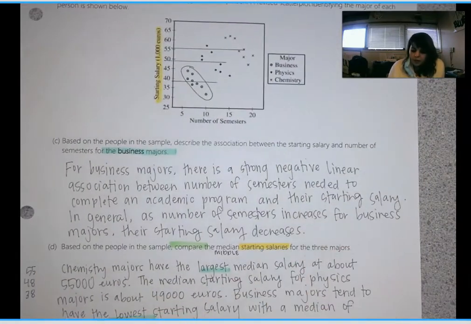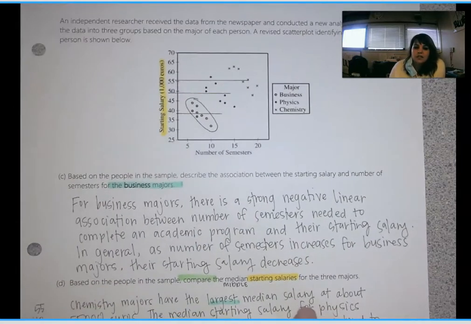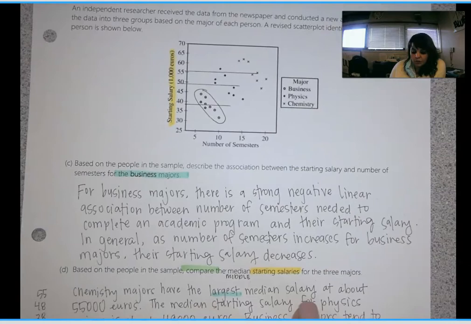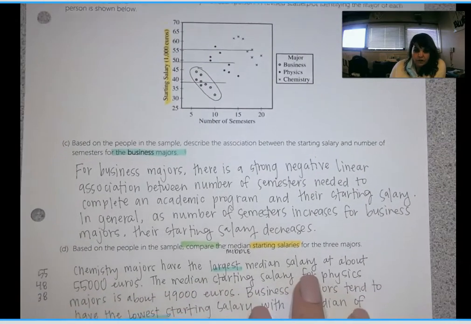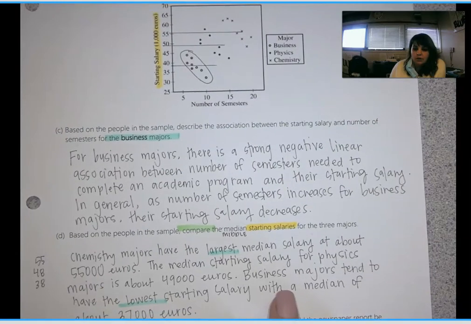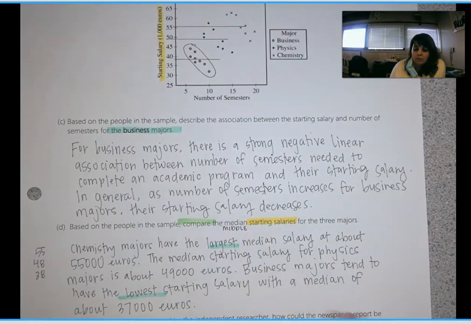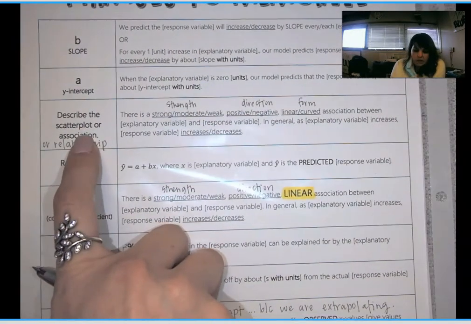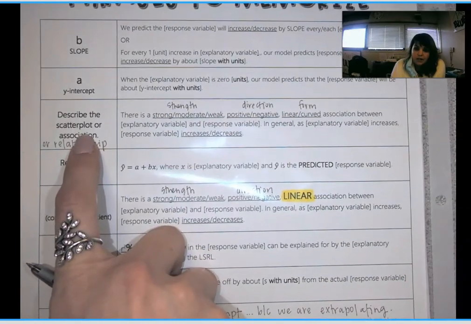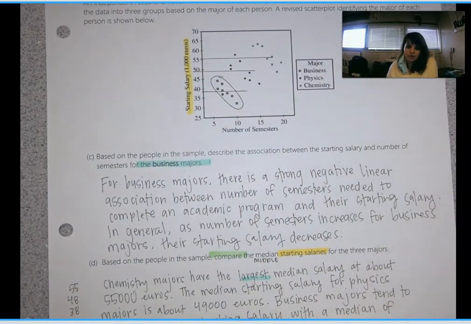Now we have an independent researcher who looks at this and notices that there is a trend within each major. Based on the people in the sample, describe the association between the starting salary and the number of semesters for the business majors. So you're using this interpretation again, but you're looking only at the group of students that I have circled.